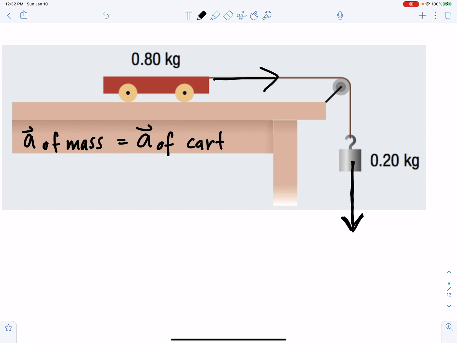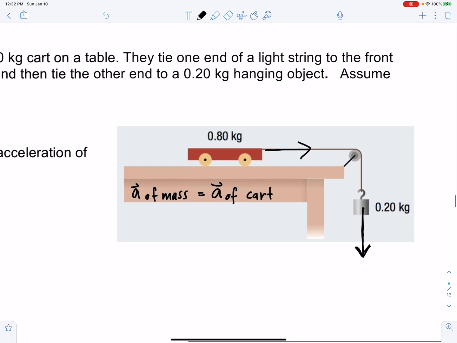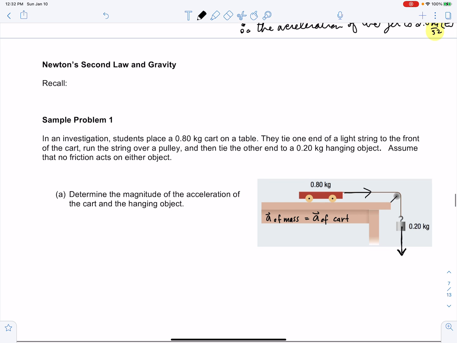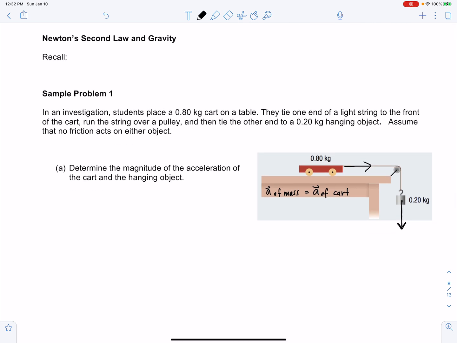So we want to study this and determine the acceleration. Let's do a few things first. Let's review what force is causing this whole system to accelerate: the force of gravity.